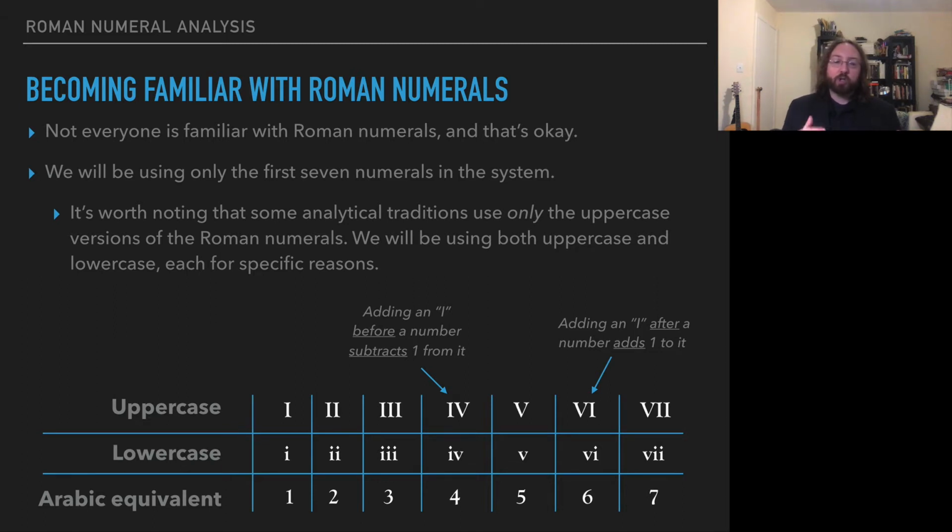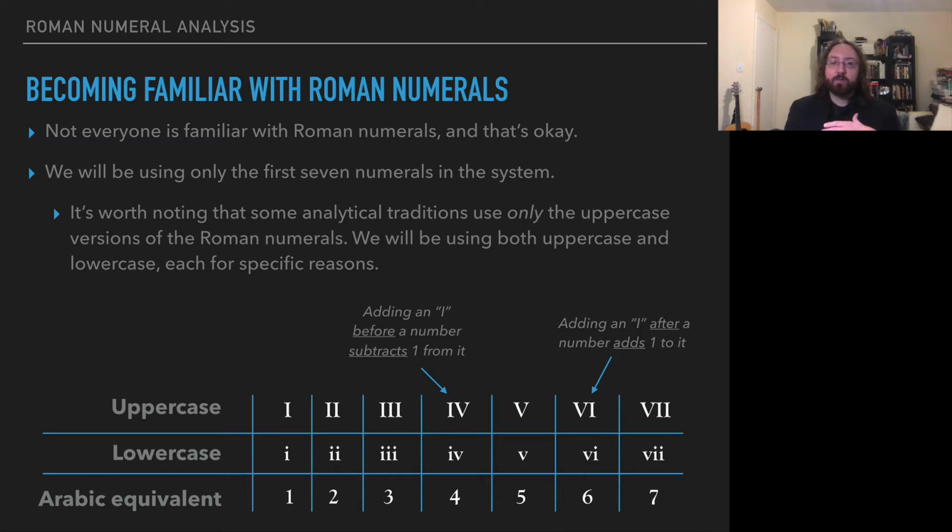So in the chart below, we see the uppercase Roman numerals 1, 2, 3, 4, 5, 6, and 7. The first three look like I, II, and III. That's fairly straightforward because there's 1, 2, and 3 elements there. And then we have 4, 5, 6, and 7. Now, 4, 5, 6, and 7 are based on the Roman numeral that looks like a V, which equates to a 5.